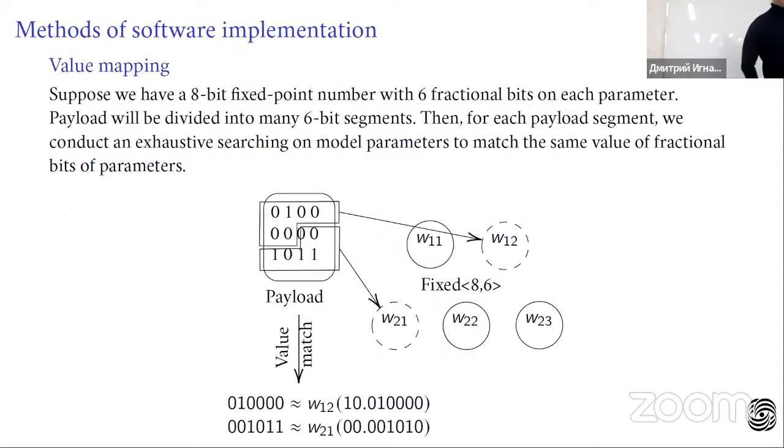The next one is value mapping. What is the method? If we have a payload, we divide it into sections, perform an exhaustive search, and try to find the parameters that look like our payload.